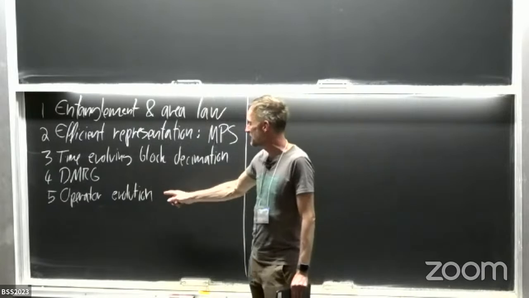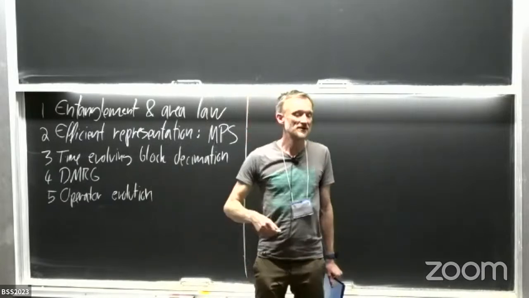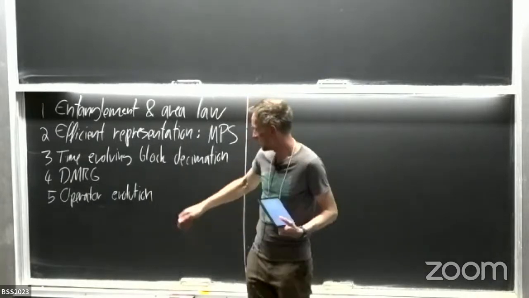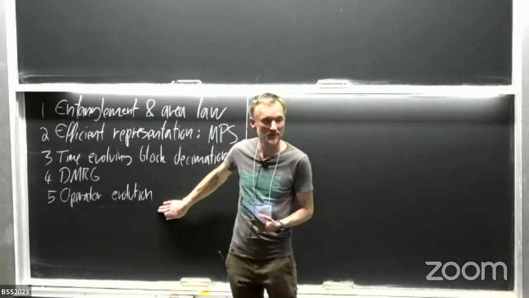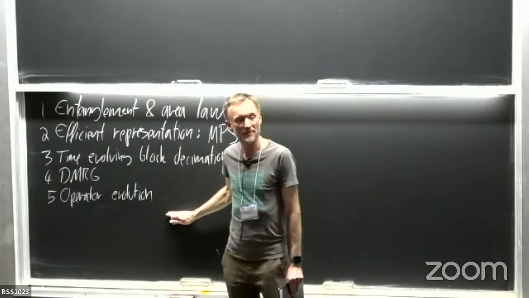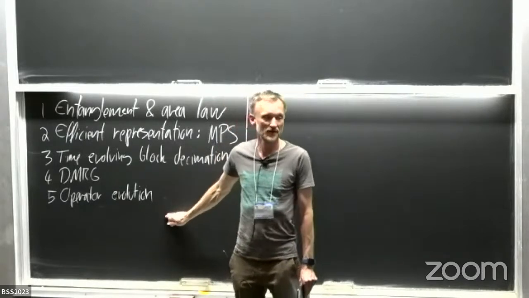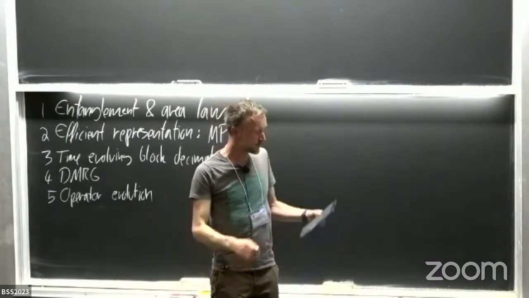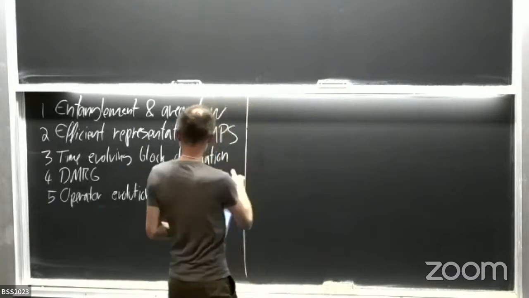And lastly, I'm going to discuss some ideas about doing the evolution in an operator space. Here we will extend basically the concept of matrix product states to describe operators, and that allows in certain cases for more efficient simulations. So the program is quite full.